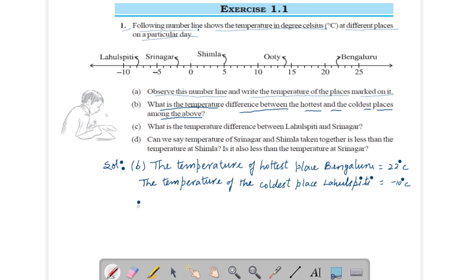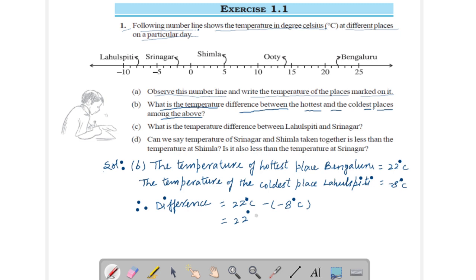Therefore, the difference is equal to 22 degrees Celsius minus minus 10 degrees Celsius.